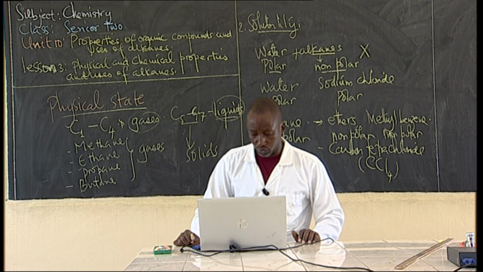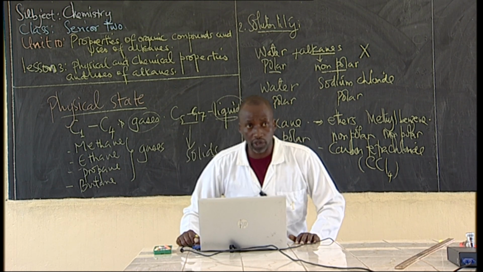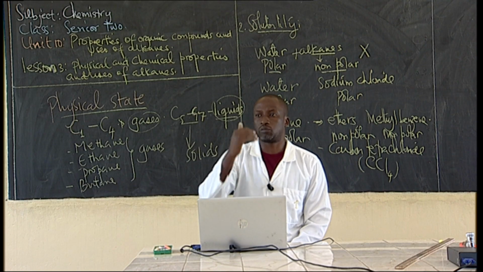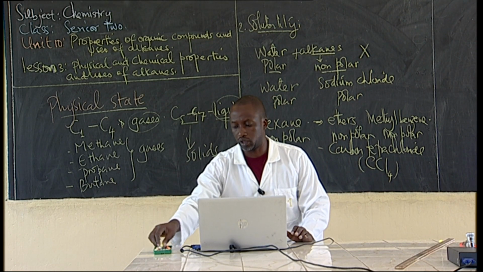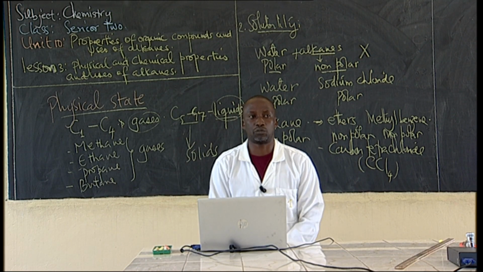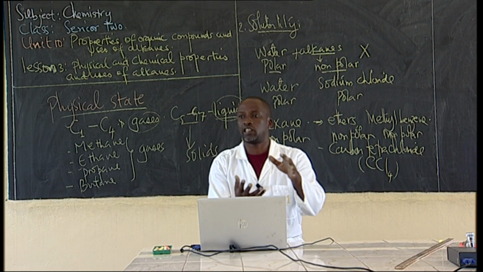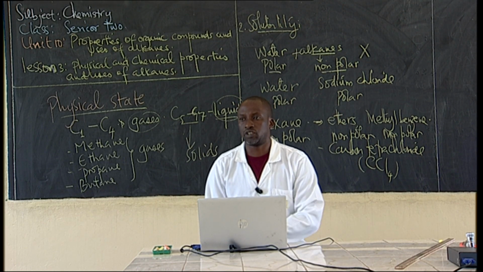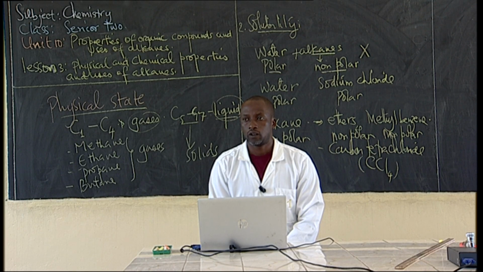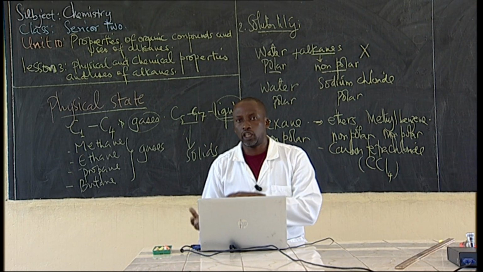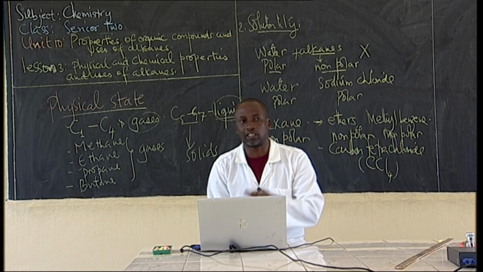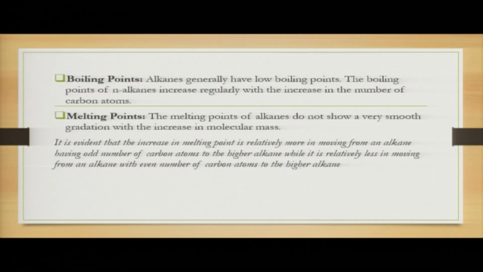So we can also talk about the boiling points. As we have mentioned from the homologous series, there is some gradual increase in the physical properties such as the boiling point and melting point.